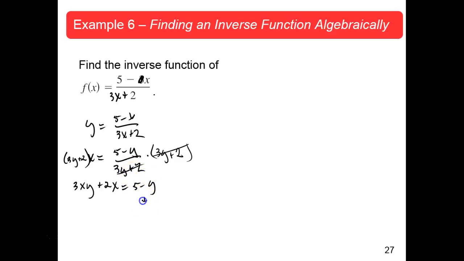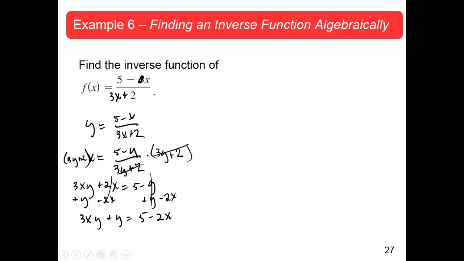How about adding y, get it on the other side, and subtract 2x. So we're going to add a y and subtract a 2x from both sides. Will that work for us? That goes to 0. That goes to 0. So what do we have left? 3xy plus y is equal to 5 minus 2x.